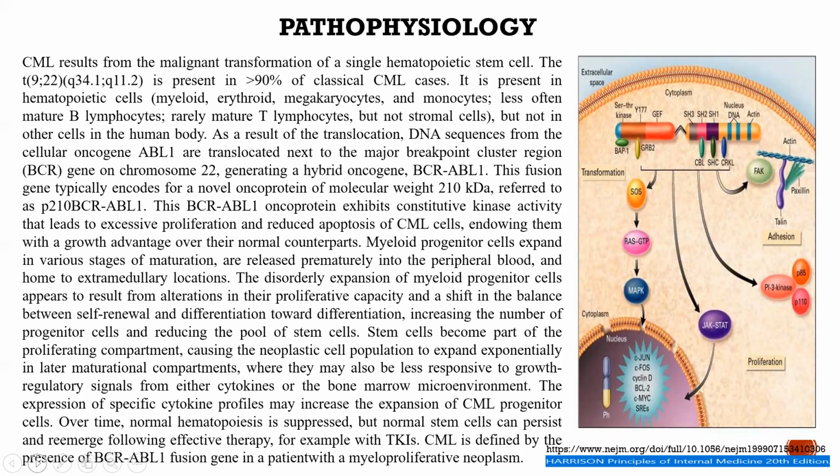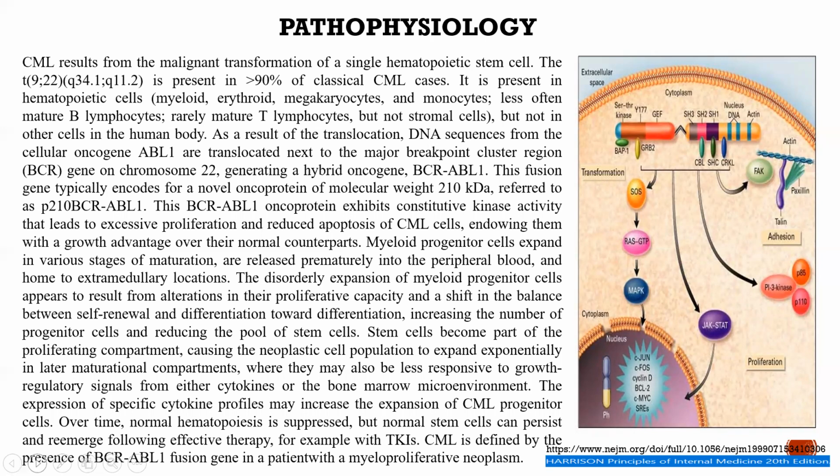This type of leukemia results from the malignant transformation of a single hematopoietic cell. The translocation t(9;22) is present in 90% of classical cases. It is present in hematopoietic cells: myeloid, erythroid, megakaryocytes, and monocytes, less often in mature B lymphocytes, rarely T lymphocytes, but not stromal cells.